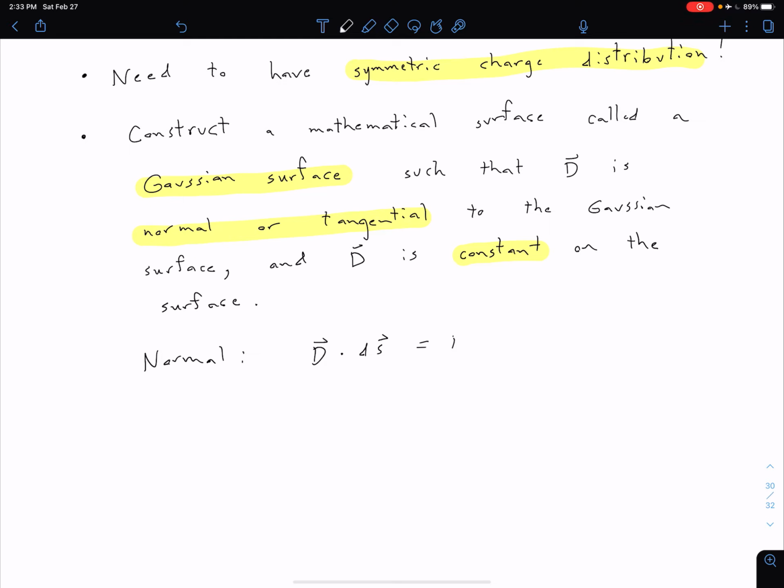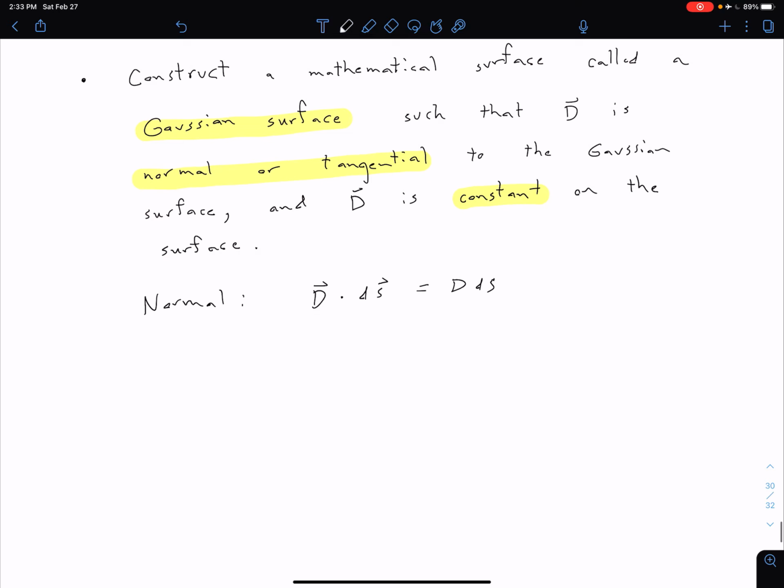Well, that's just going to become the magnitudes, so D times dS. If the D is tangential to the surface, that same dot product, D dot dS, is just going to be 0 because D and dS are going to be perpendicular to one another.